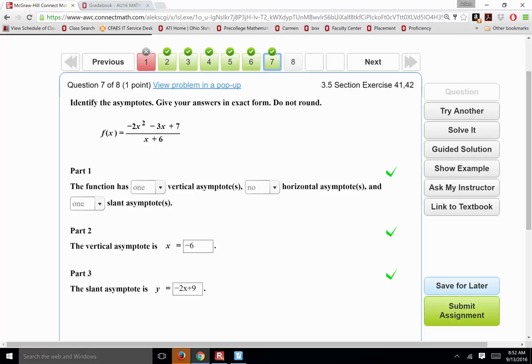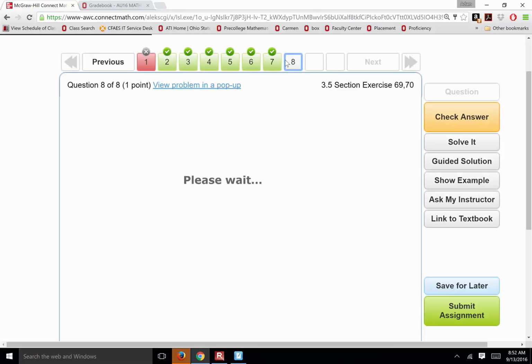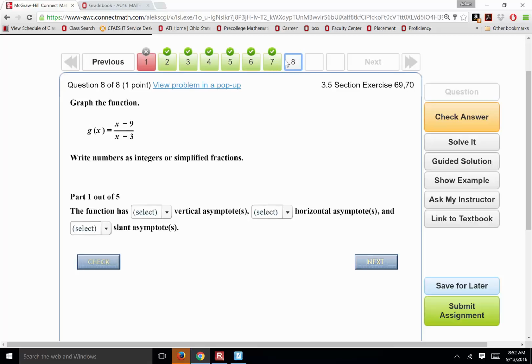Alright. Now, number 8 is the main mother problem of this section. It's very comprehensive, a summary type question. It checks everything you know so far about rational functions, what you learn in one question.